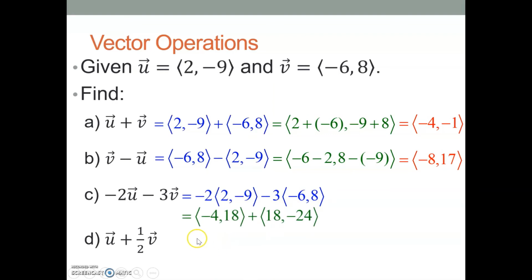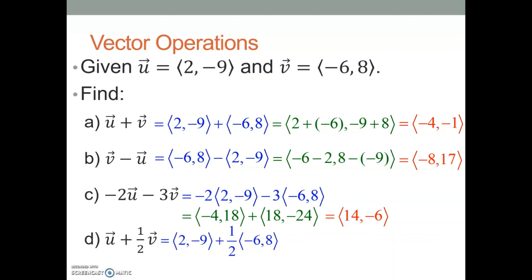And after I've done that multiplication, -2 times 2, -2 times -9, -3 times -6, and -3 times 8. Because I've already multiplied by the negative, my next step is to add components to get my resultant vector.